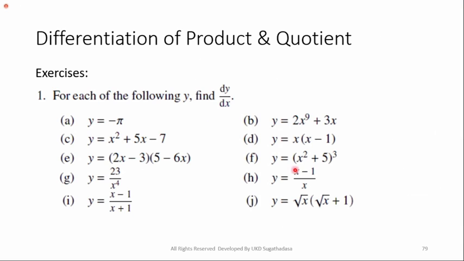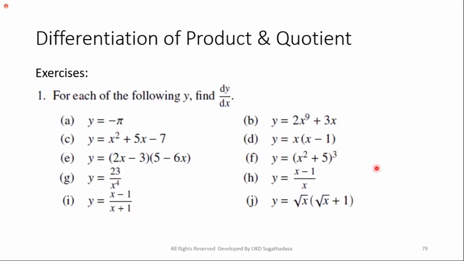The quotient formula is required only for part I. Remember, part I. The quotient formula is not required for part H. You can do both methods, either separating it into two functions, which is easy, or using the u by v formula. You differentiate by both methods.